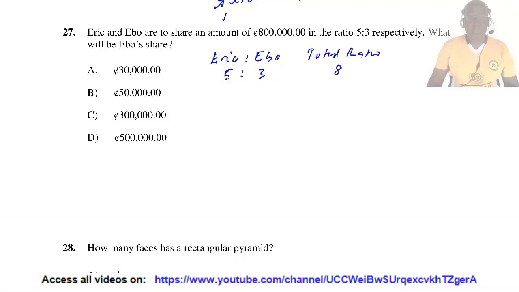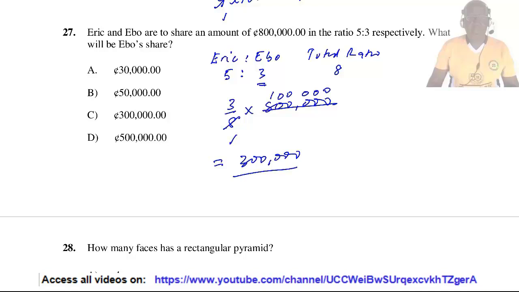So Ibu's share is equal to 3 divided by the total ratio, 8, times 800,000. 8 goes into 8 once, 8 goes into 800,000 one hundred thousand times. So the answer is 300,000. That is C.